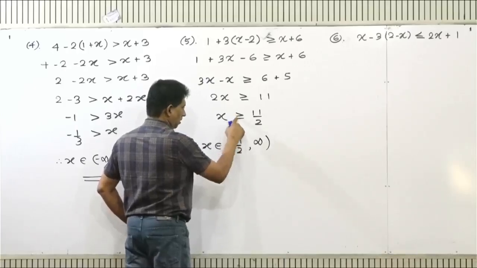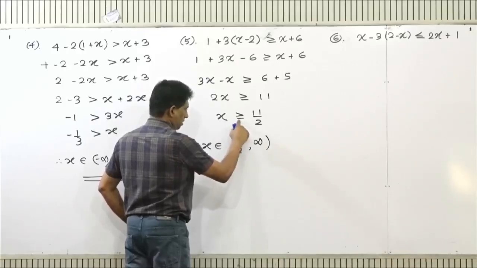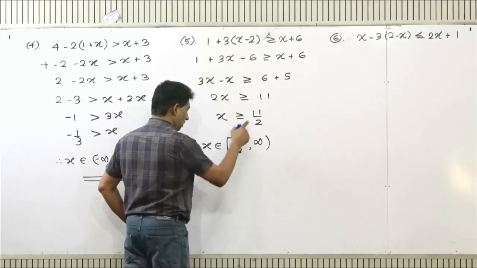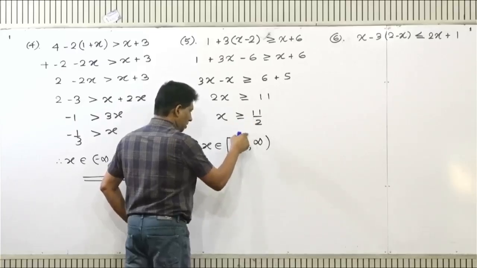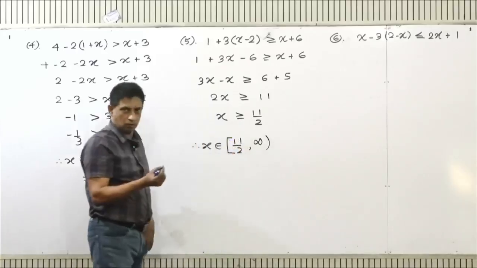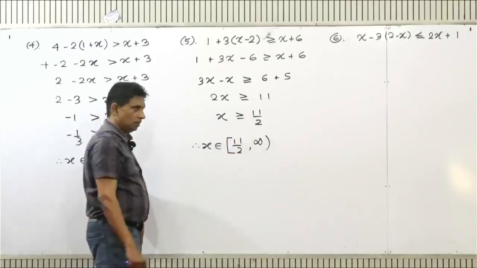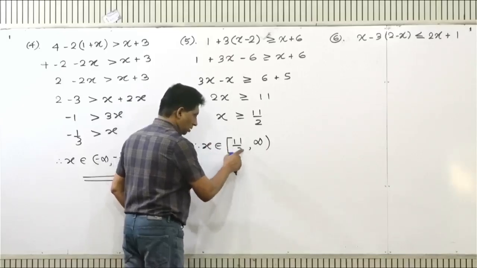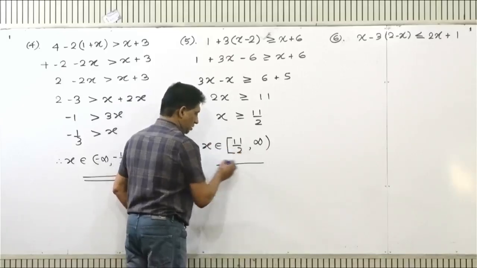This line says that equal mark, right? As this one is equal, that means 11 over 2 is a solution. That means this 11 over 2 should be included in the solution set. If it is included, we have to put a square bracket near this number. This is the solution.